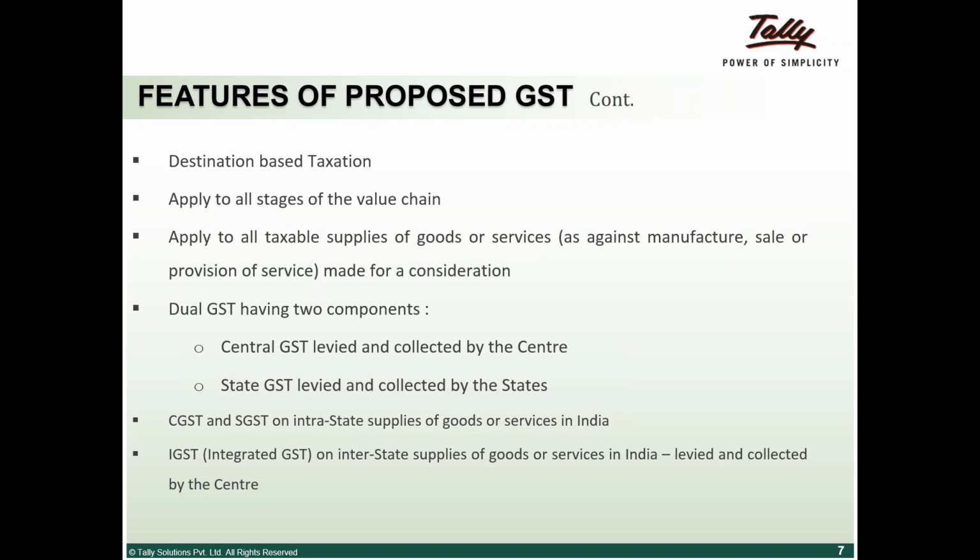So if it is IGST, a part will go to the center and a part will go to the state. If it is SGST, it goes to the state. If it is CGST, it goes to the center.